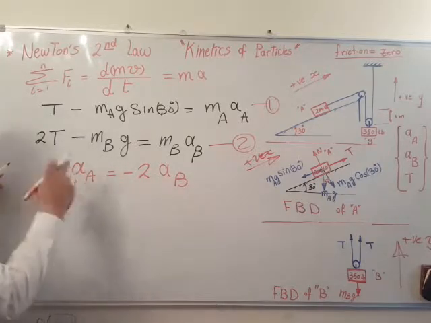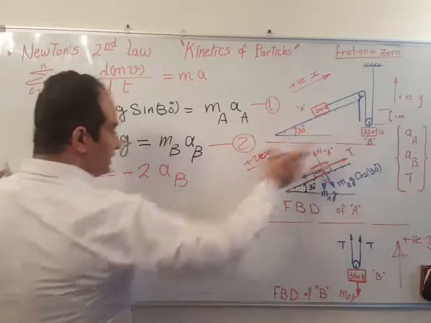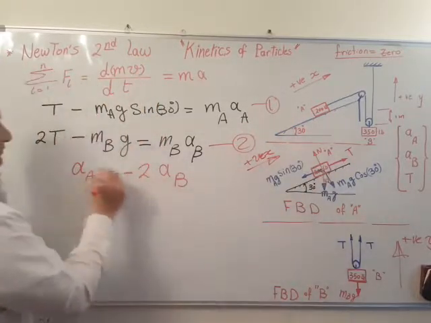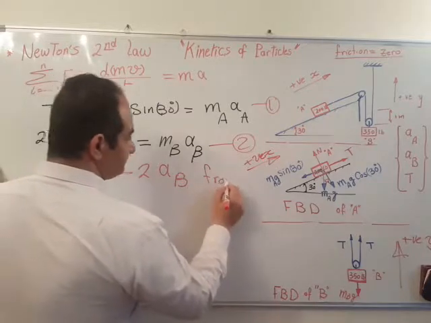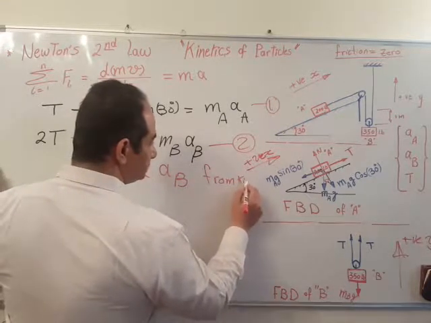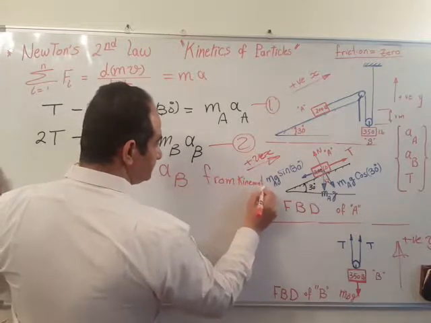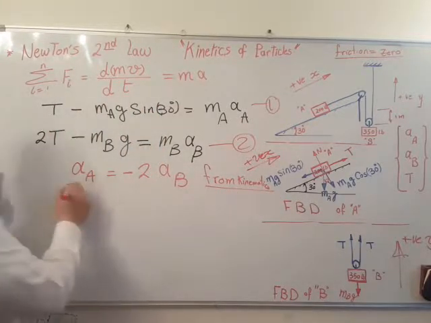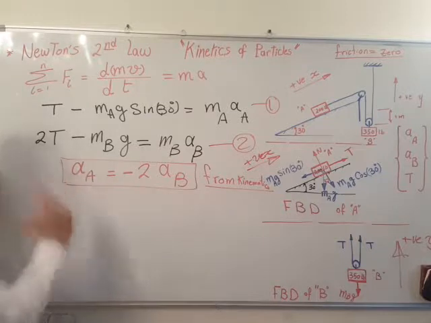Anyway, from kinematics we have the acceleration of A equal to minus 2 times the acceleration of B. This is the third equation.